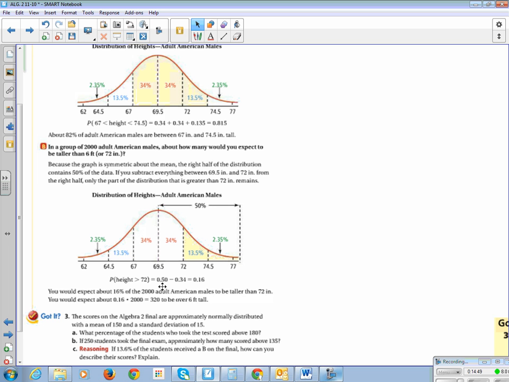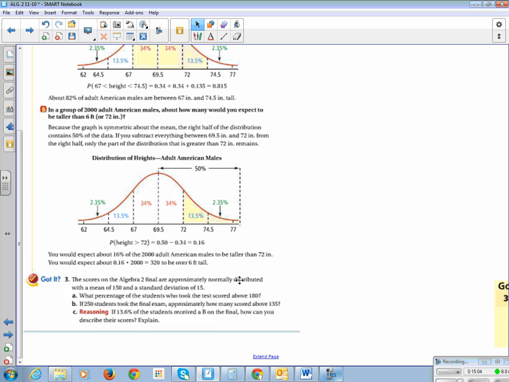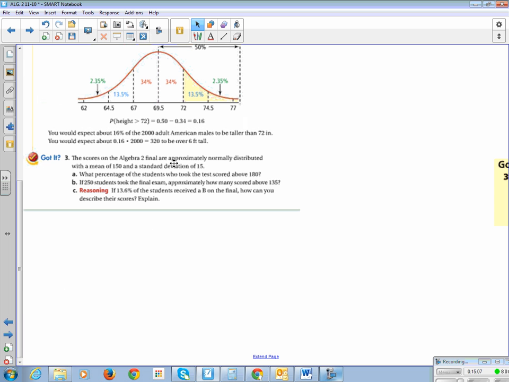So if we go 50% minus our 34, we get 16. So you'd expect 16% of 2,000 males to be taller than 72 inches, which is 320. All right, so let's try that for this one.